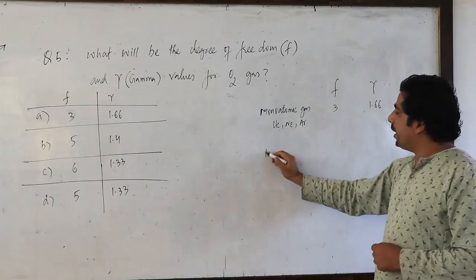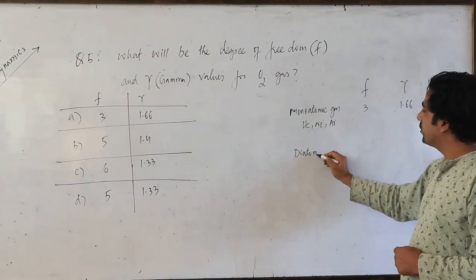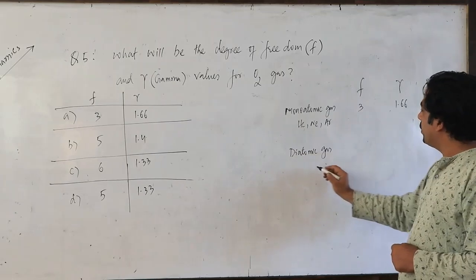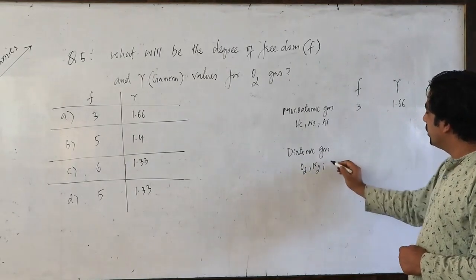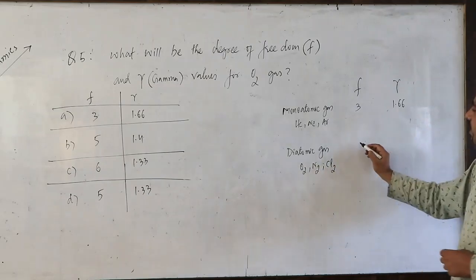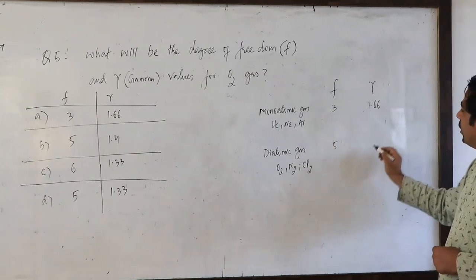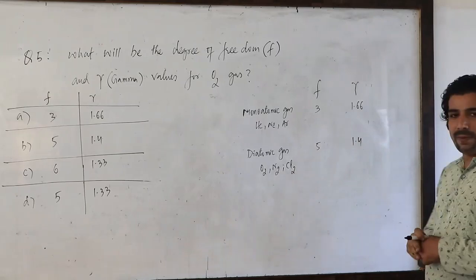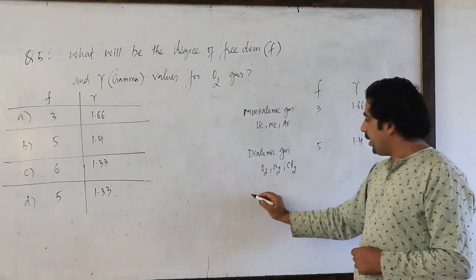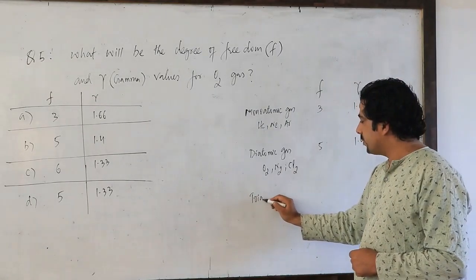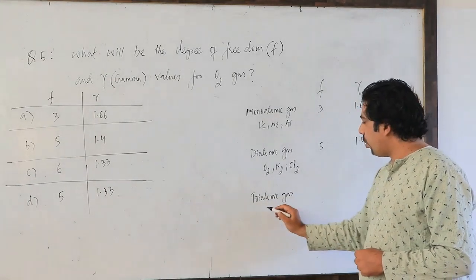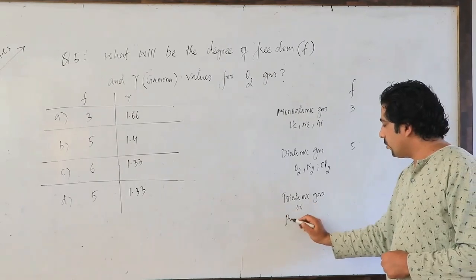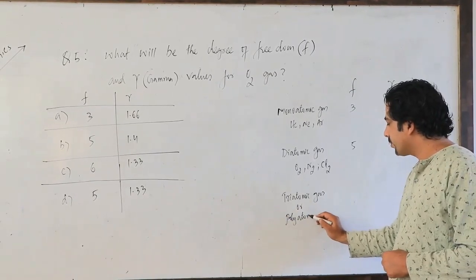And now for diatomic gases like O2, N2, Cl2, the degree of freedom is 5 and the gamma value is 1.4. And for triatomic gases, or you can write down polyatomic gas.